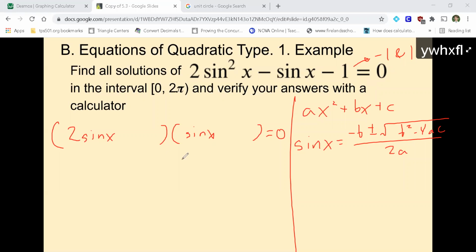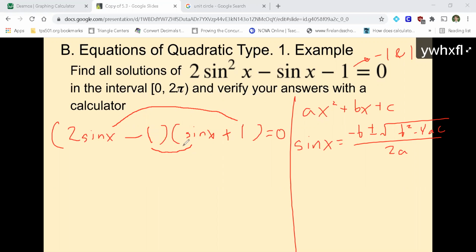So really the easiest way to factor this is just to plug in and see if that works. And if this doesn't work, switch the last terms. So let's see, does this work? 2 sine times sine is 2 sine squared. 2 sine times 1 would be positive 2 sine. But this would be negative sine. So 2 minus 1 would be positive 1, which is not right. Our middle term should be -1 sine.